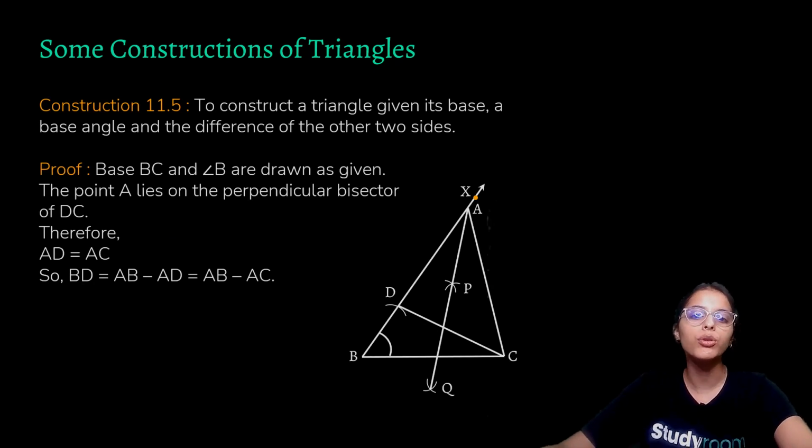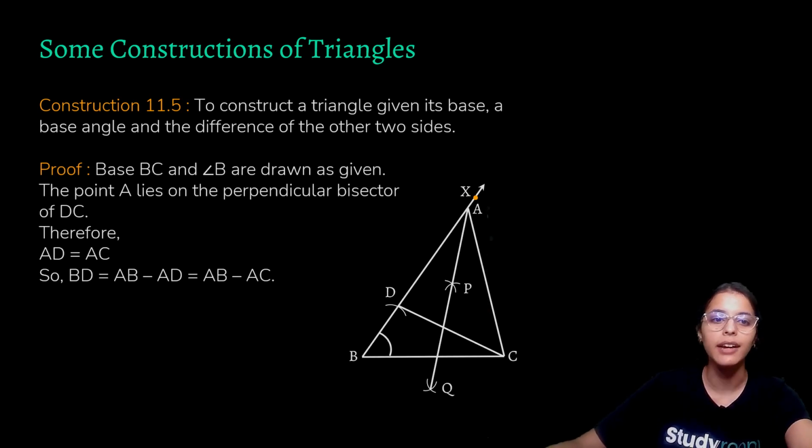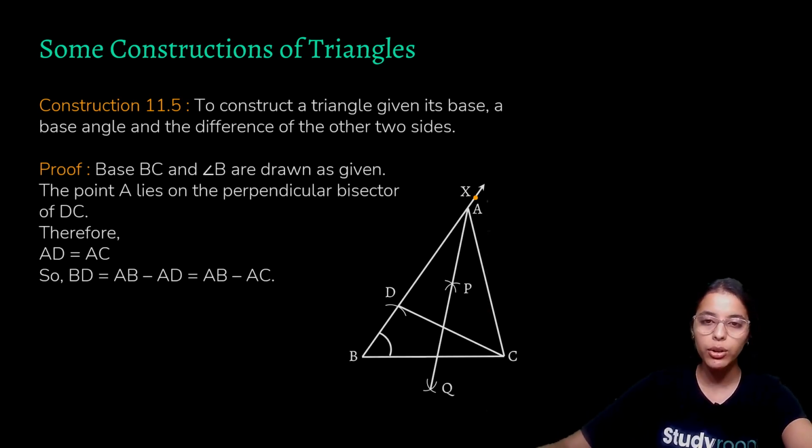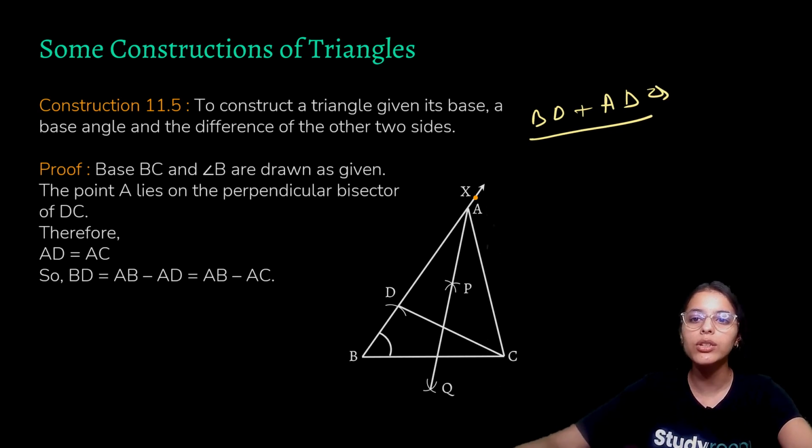Now let us see the proof of this. We must prove that AB minus AC comes out to be the same as that given in the question. We know that BD is equal to the length that is given in our question, since we have constructed it like this.